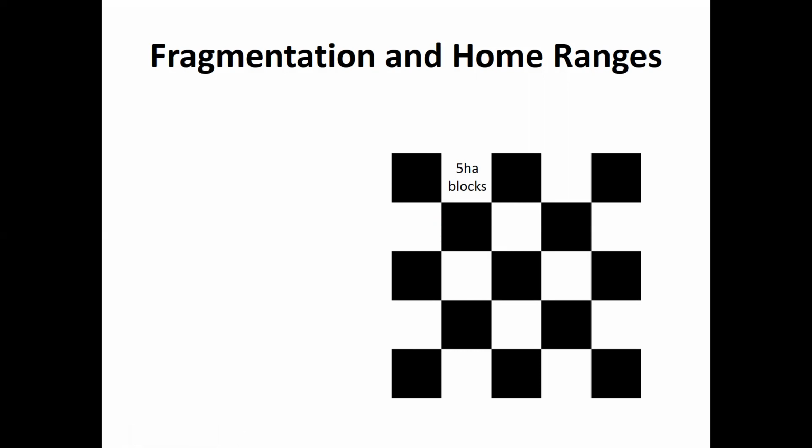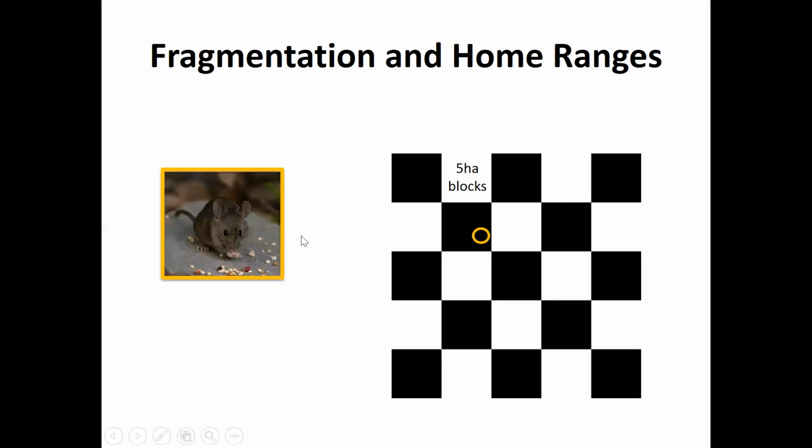To understand how different species are impacted by this, you have to think about their home range size. By home range, I mean the space an animal needs to meet its daily needs: to get food, water, find mates, find cover, all these things. That's the area where it spends all its time. Now, take something like the grain-eating mouse species.